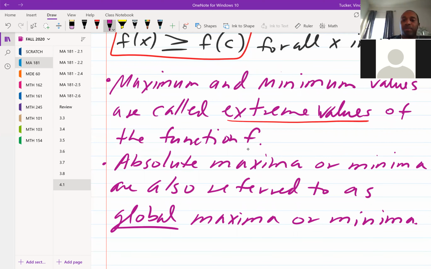Absolute maxima and minima are also referred to as global maxima or minima.